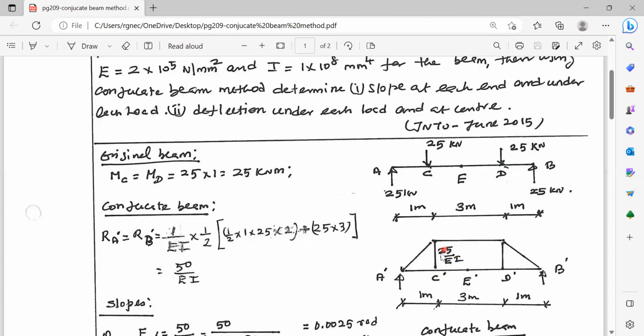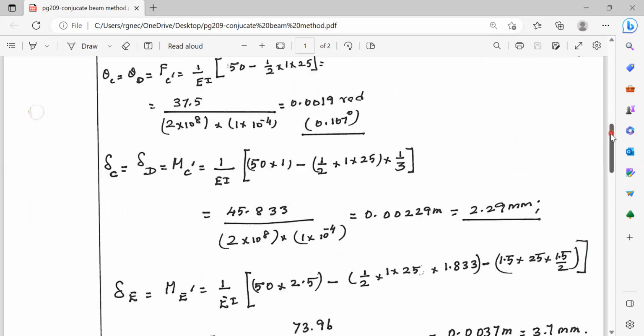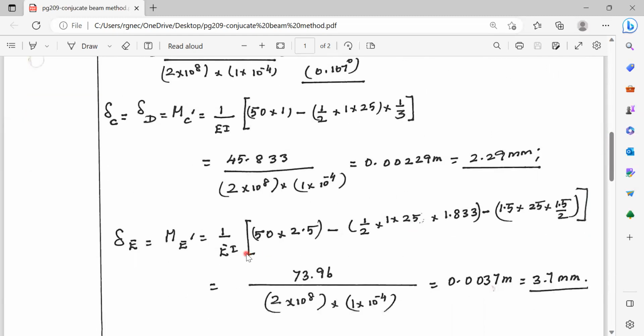And what about the rectangular load? Rectangular load is 25 by EI into 1.5 meter. And what about the arm distance from E? It is 1.5 divided by 2, that is 0.75 meter. You can see the bending moment values at E. 1/EI, common factor.